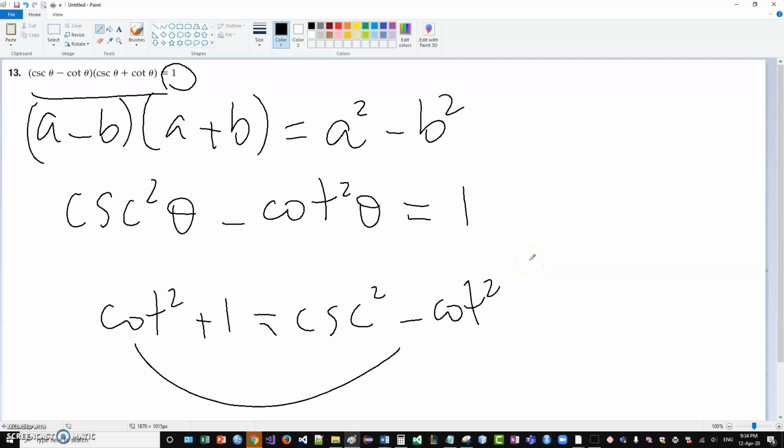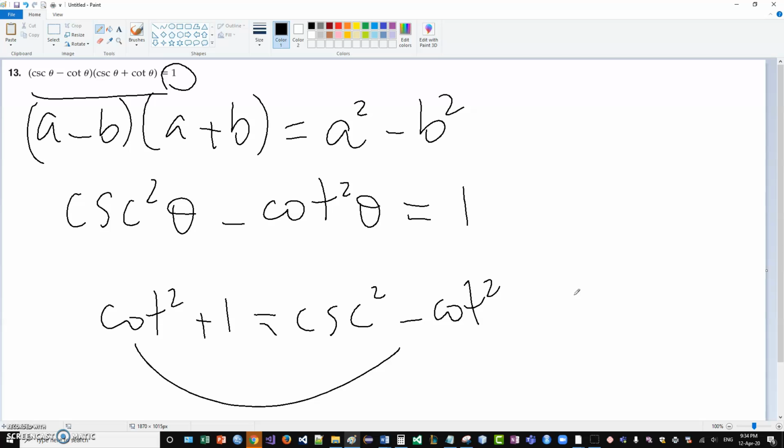So, to recap, we did some exercises on verifying trigonometric identities using different strategies. We started with three examples on factoring, taking a common factor, and then we did an example on replacing everything with sine and cosine.